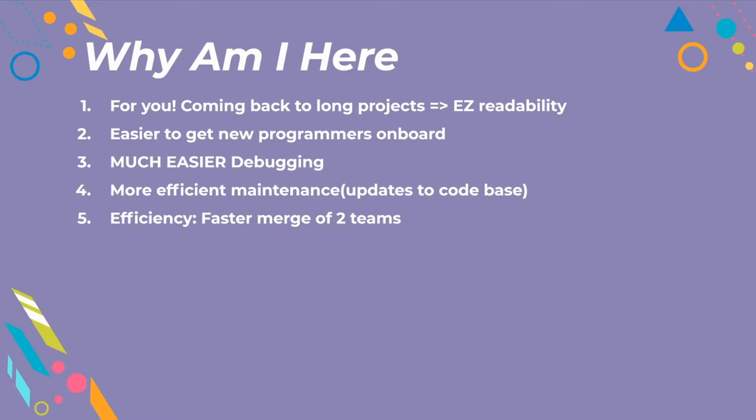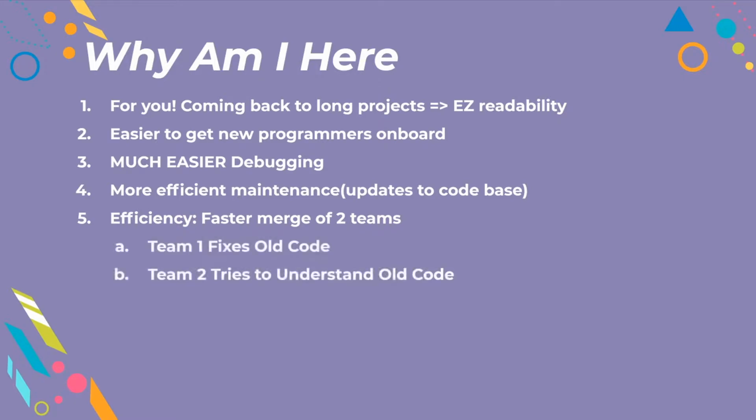An example here is two teams in a company. Team one is usually the old team, who are already used to the code and are trying to fix it, while team two is the new team, trying to understand the old code before merging with team one. With clean code, you can make this process faster and create more efficiency for your company.